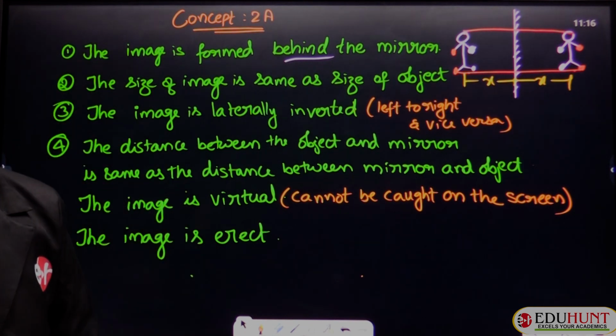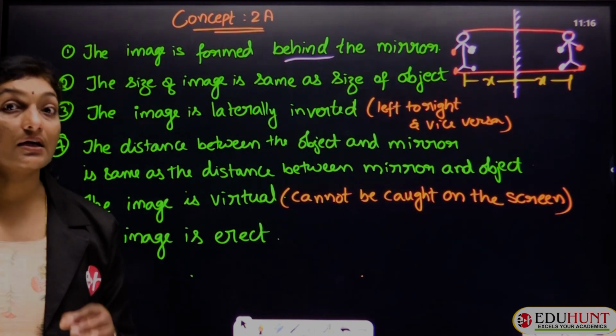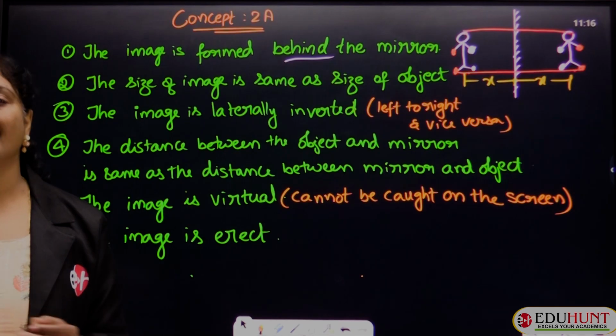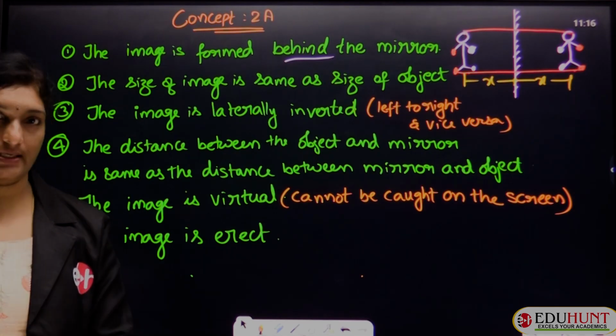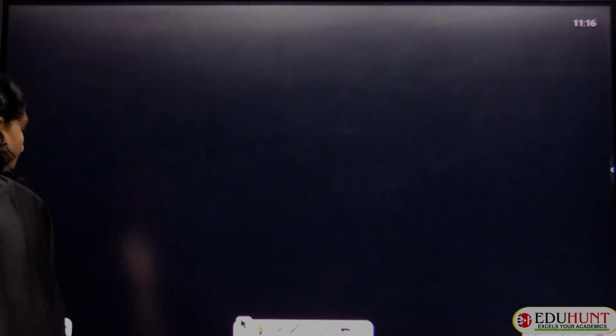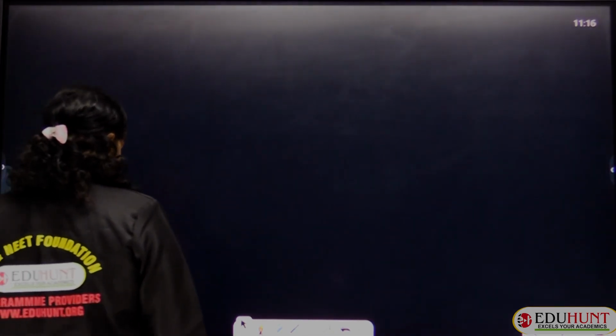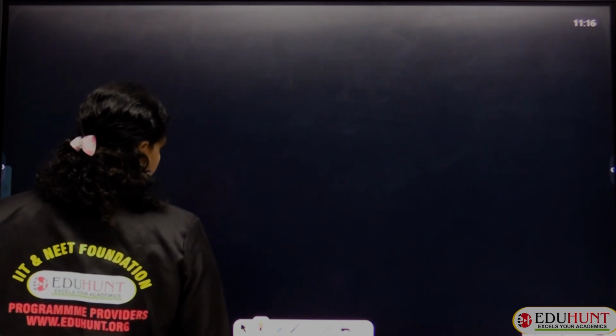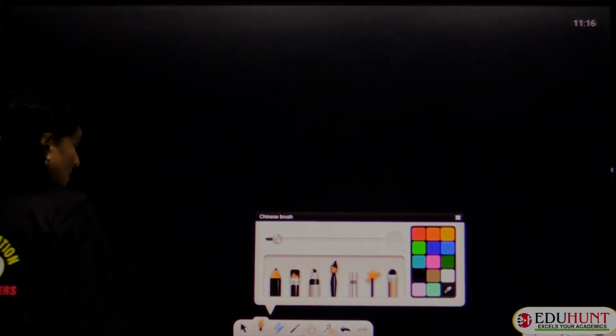Now let us try to understand in detail regarding the types of images as well as types of objects. Here we go. Okay. So first of all, what is image? Let us try to find out what is image.